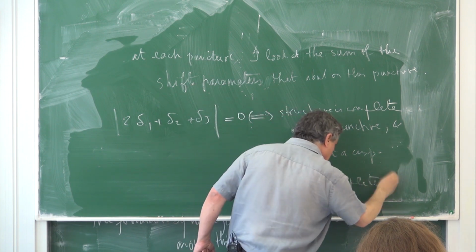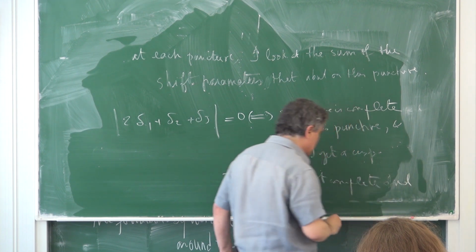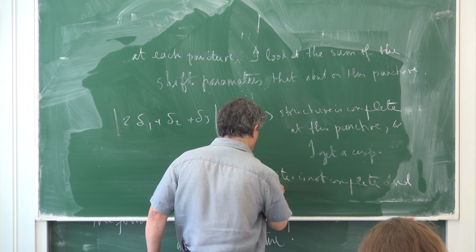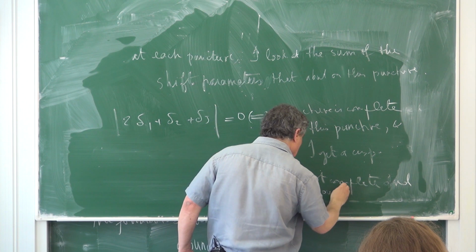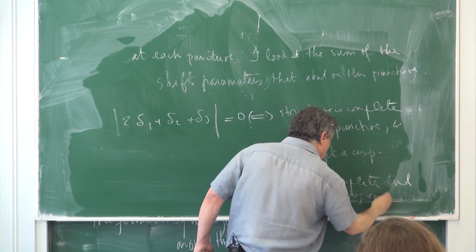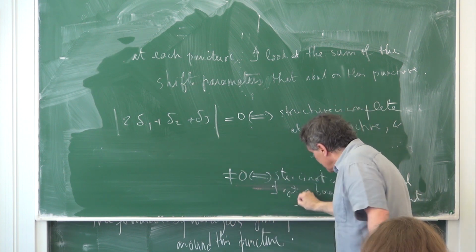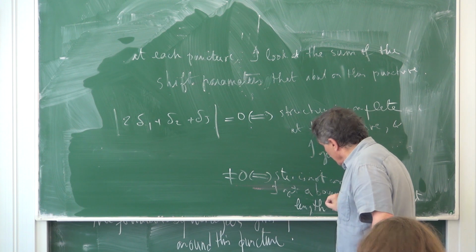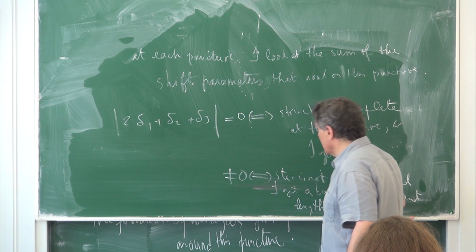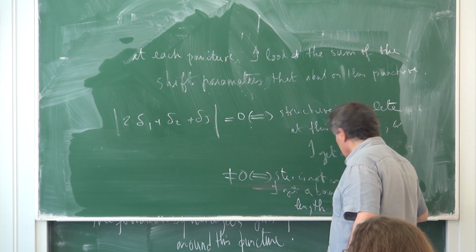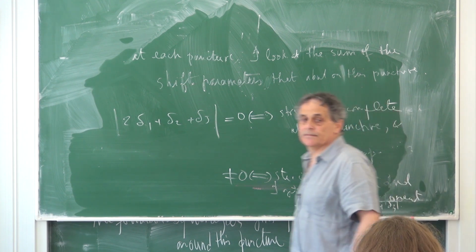So this is now a tautology, but furthermore, the completion is a boundary component. And the length of this boundary component, this is the thing which I am adding here, is exactly equal to this sum, 2 delta 1 plus delta 2 plus delta 3.